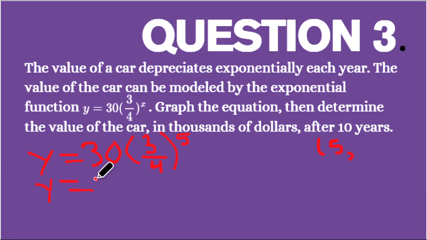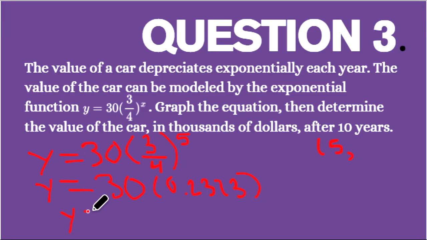Y equals 30 times 0.2373. Okay? And then we need to take that big old number, which I'm keeping the whole thing, so it may change. But it's now 7.119. We're supposed to do thousands of dollars.